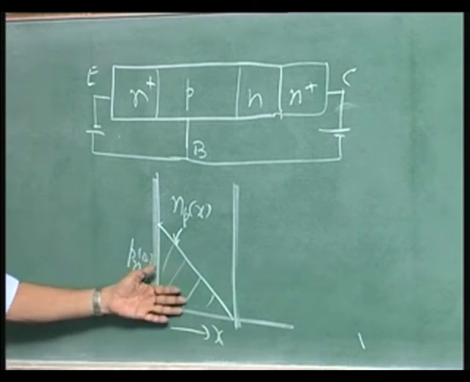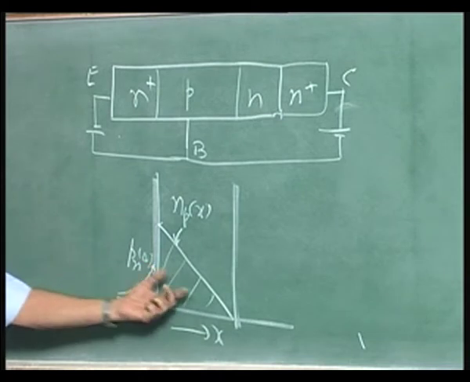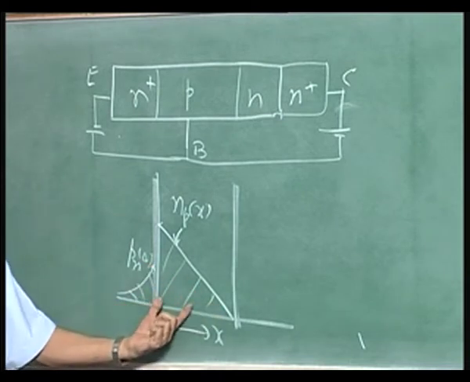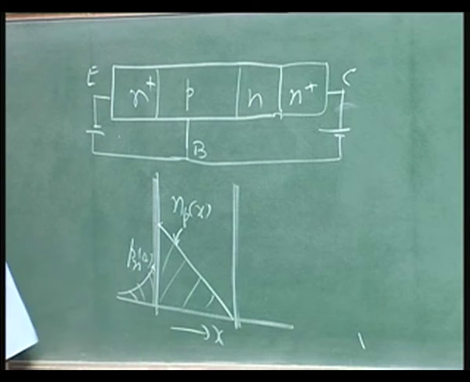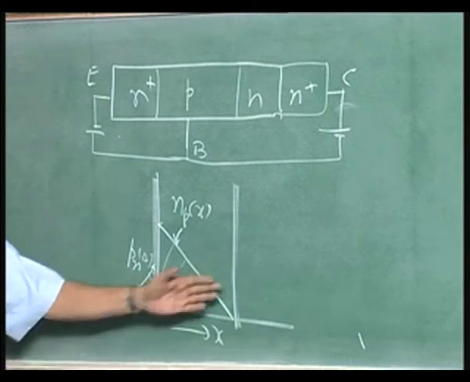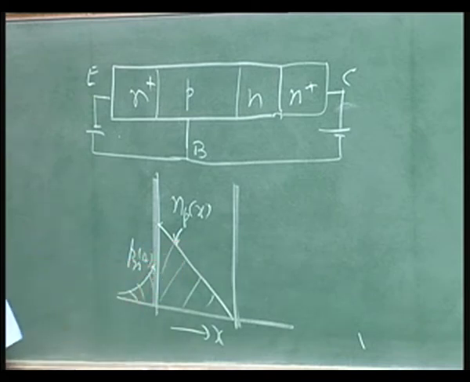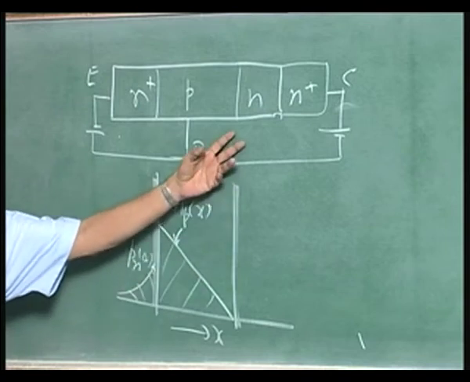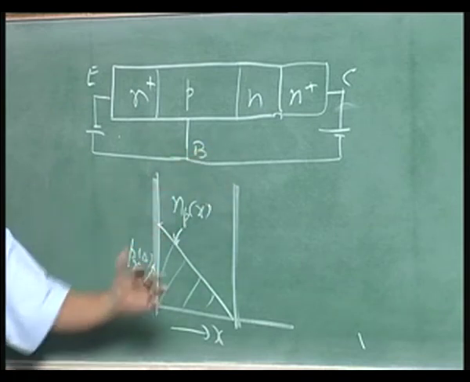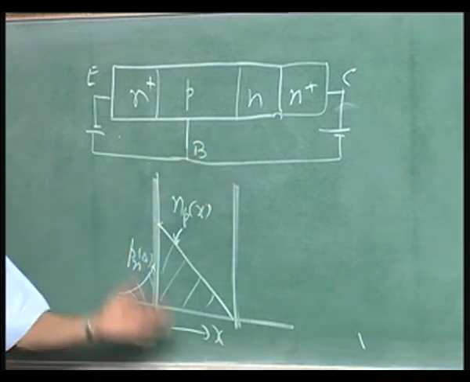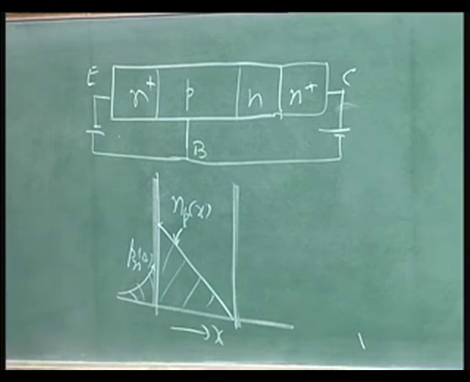How do you reduce this charge? Reduce the base width. This is the active region. In fact, in the emitter coupled logic circuit, it never goes into saturation. In the TTL, you prevent the transistor from going into deep saturation for better speed. Now, if the transistor is in saturation, how does it happen?